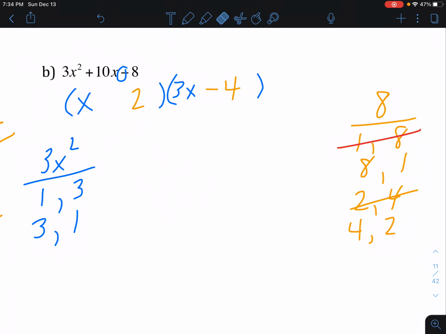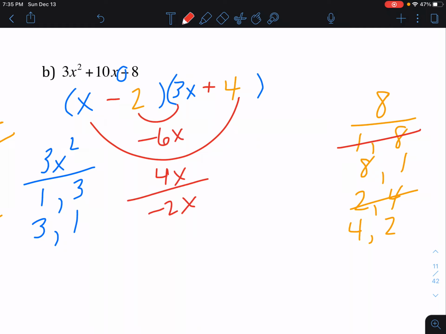So maybe I just go ahead and I switch the signs and try it that way instead of switching the numbers. Instead of plus minus, try minus plus. So outside, inside, nope, they add up to -2x. That's no good. So 2, 4 definitely did not work.